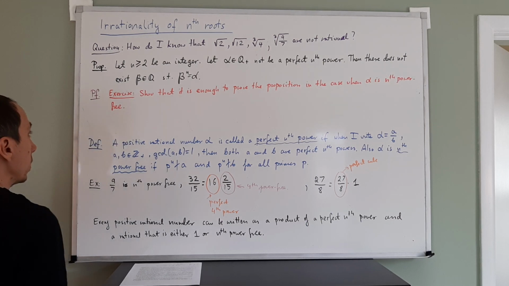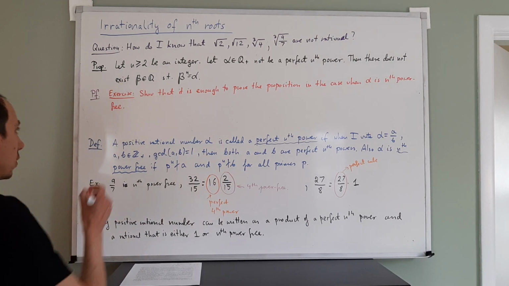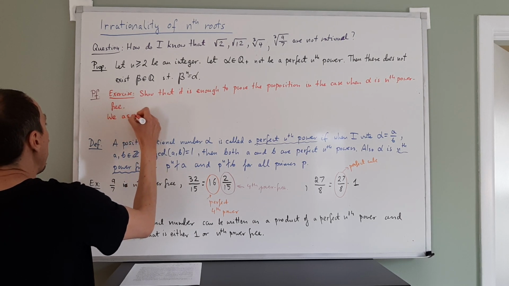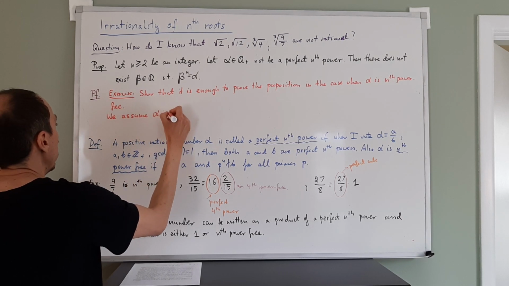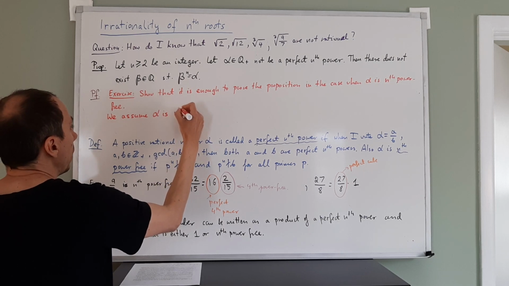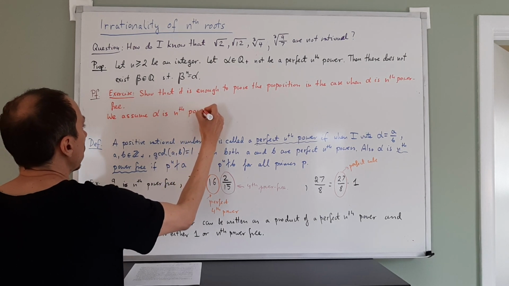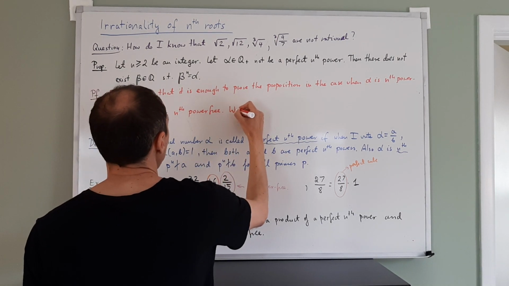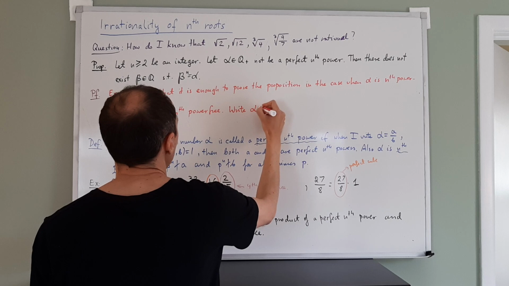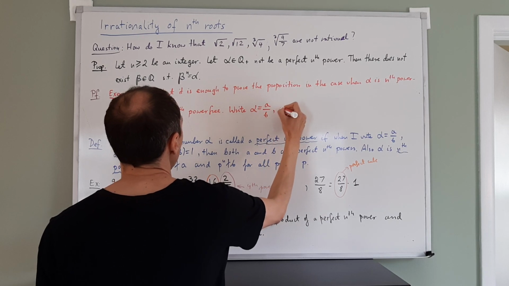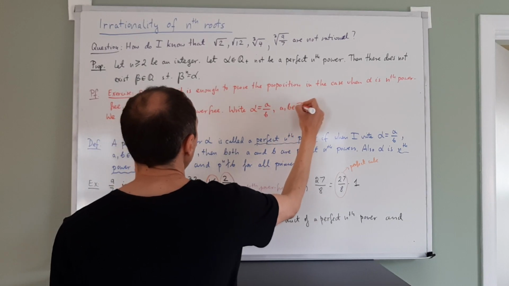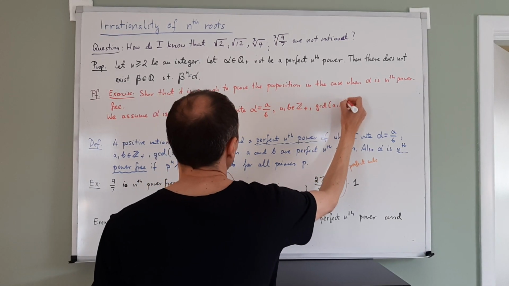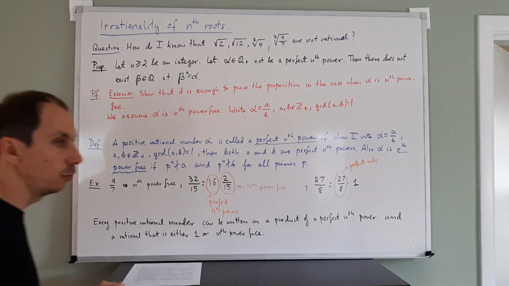we can now prove the proposition. So we assume alpha is nth power free. So first of all, we write alpha as a over b, with a and b positive integers, with the GCD of a and b being 1.